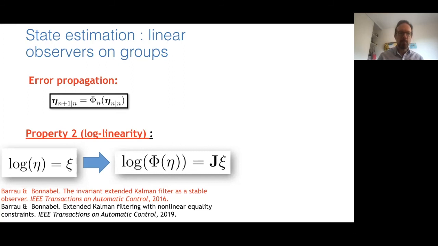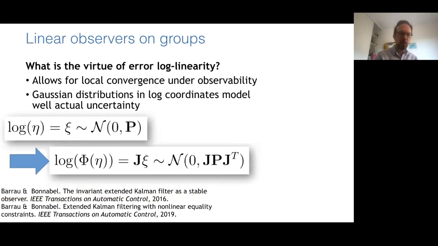If you use this property, you realize that if the error is Gaussian in the log coordinates initially, and then you propagate it through the error system, it will remain exactly Gaussian in the log coordinates, since in the log coordinates phi is a linear map.